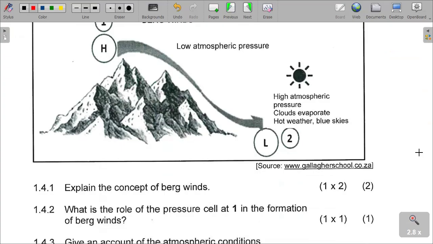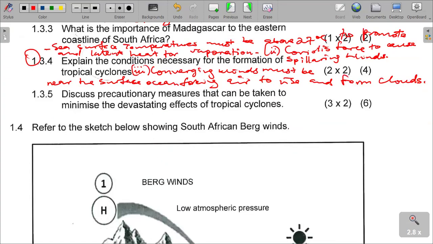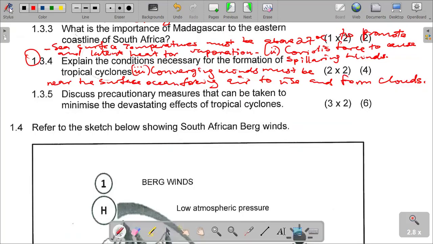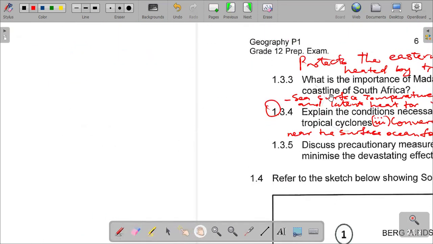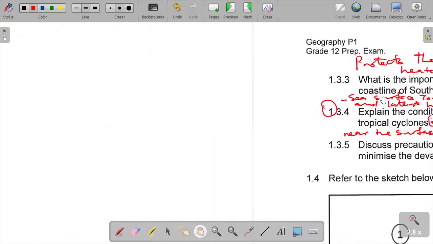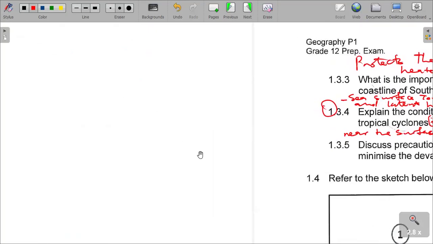I just see that I must create a space so that I write them aside. Number 1.3.5.